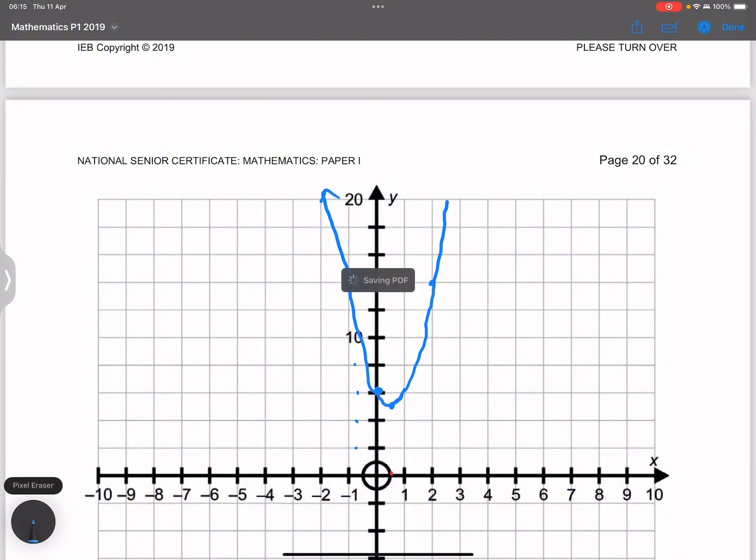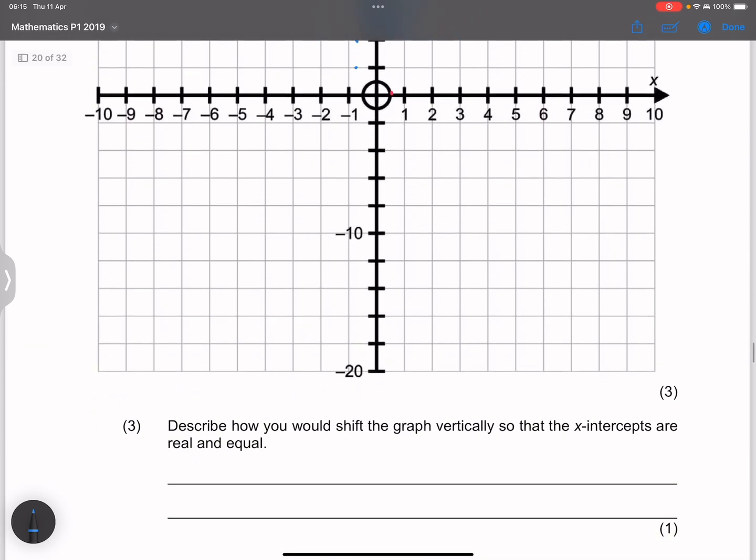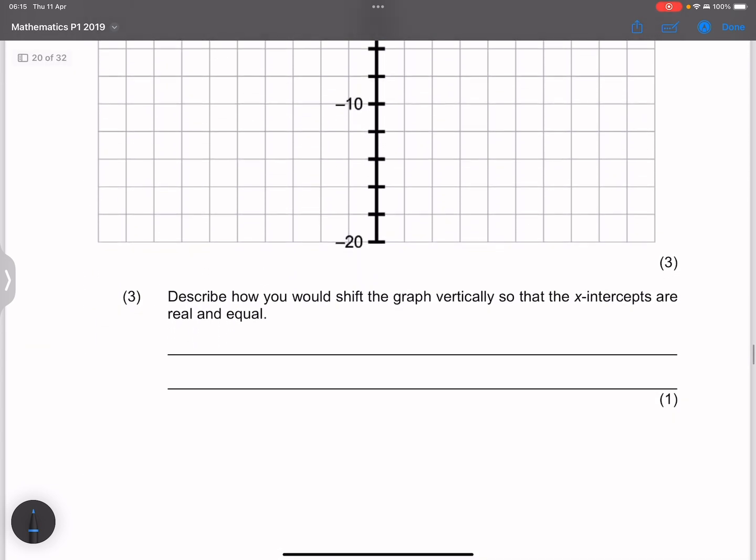Apologies for this message that keeps popping up. I'm using a PDF, so it keeps saving every time I am editing it. So they say draw how you would shift the graph vertically so that the x-intercepts are real and equal.